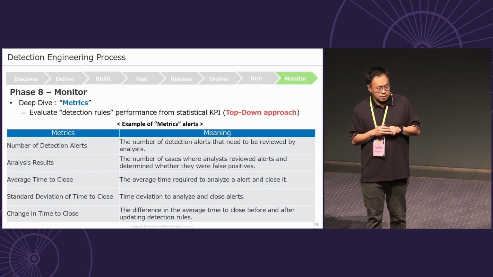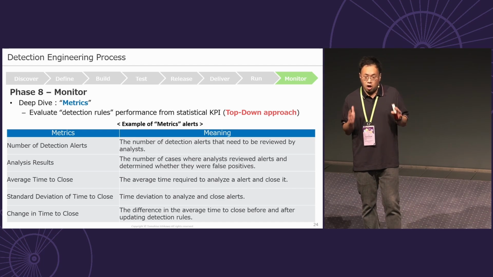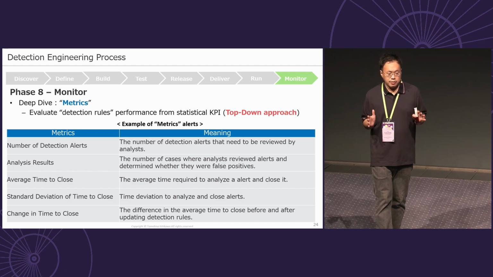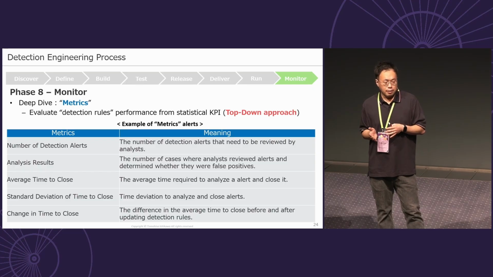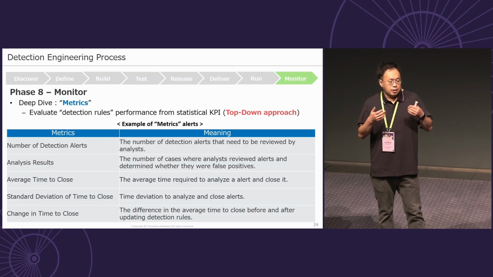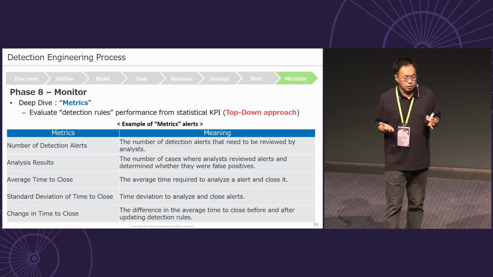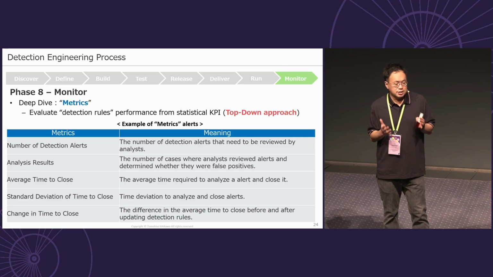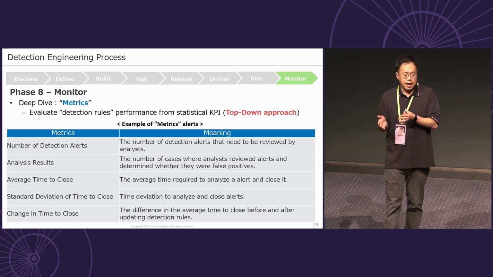First one is metrics. Metrics is a top-down approach, evaluating the detection rule performance by statistical KPIs. For example, the number of detection alerts, the number of false positives, the average time to close, or the standard deviation of the time to close.